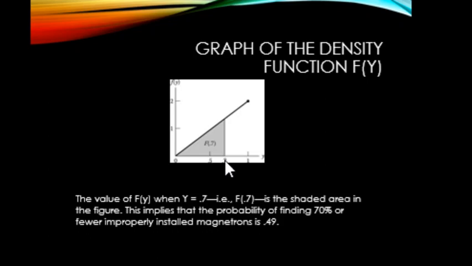We plug in 0.7 into y squared, and that gives us this probability of almost 50%. So the probability of finding 70% or fewer improperly installed magnetrons is about 50%, and the remaining area between 0.7 and 1 should also be about 50%.